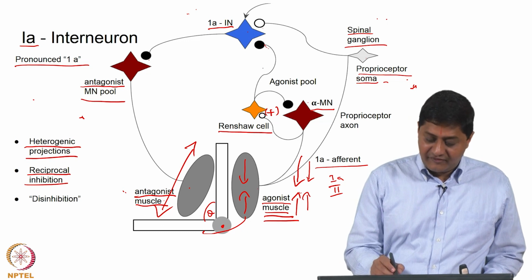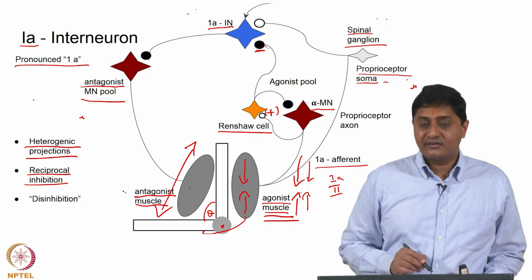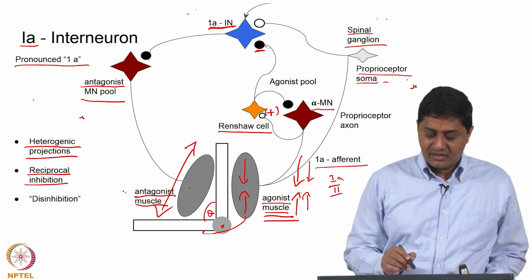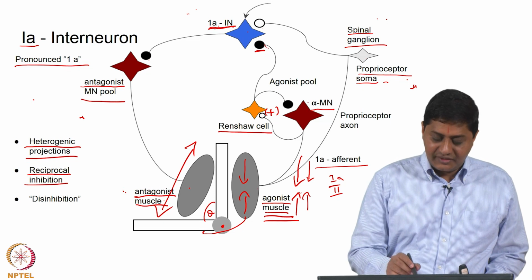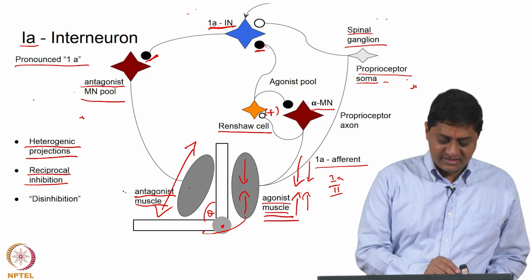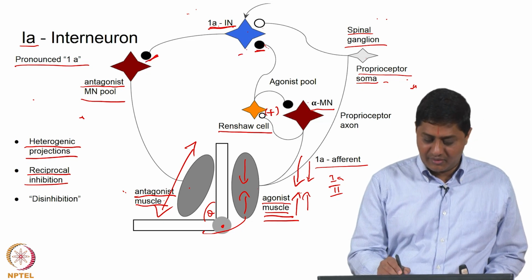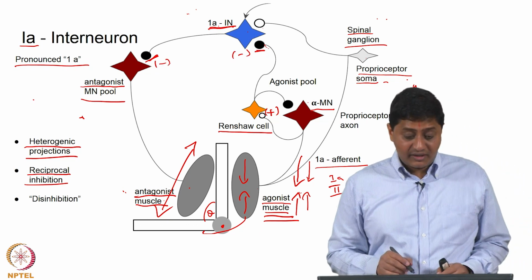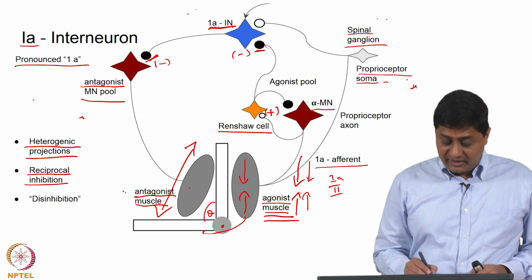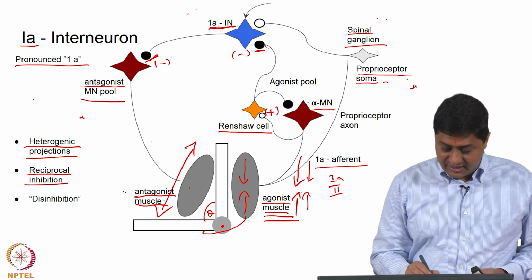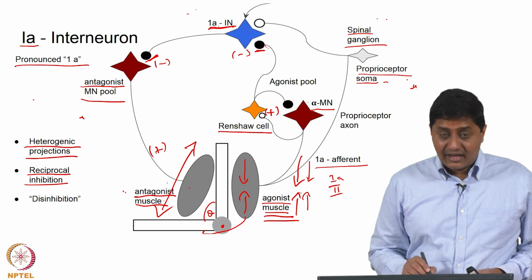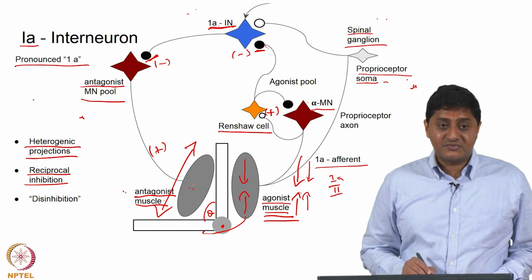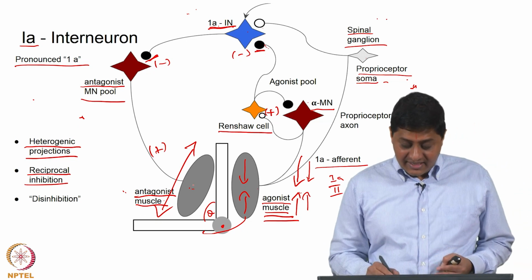In a way, if I inhibit this 1A interneuron, which is already inhibiting this antagonist pool, in other words, there is one minus here, and there is one more minus here. So effectively I am increasing the probability that an excitatory command is going to be sent to this antagonist muscle, or in other words, there is a contraction.